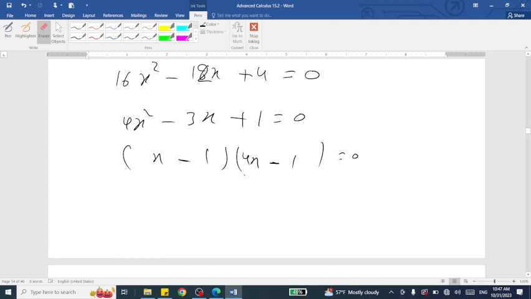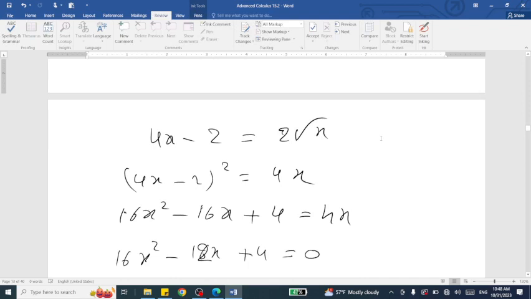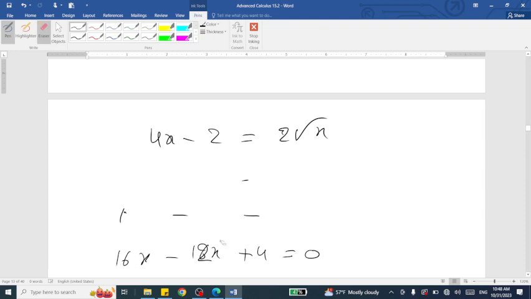No, that does not work. I think something is wrong. Again. Dividing is easier.